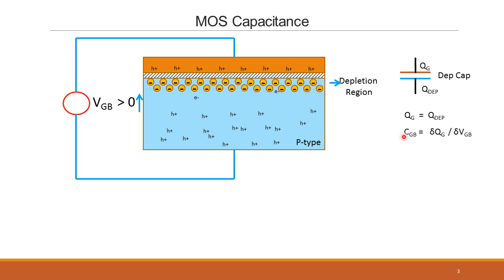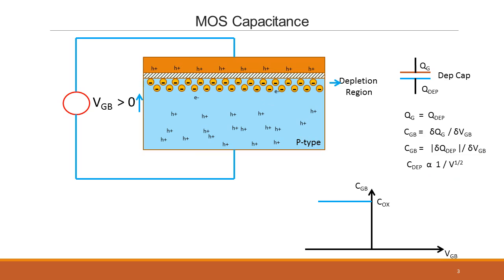Okay. And CGB, as we defined before, is nothing but dQG by dVGB, the variation of Qg versus the variation of VGB, and that happens to be the variation of Q depletion by the variation of VGB. There's a negative sign, but that will get taken care of in the derivative. Okay. And we know that this is nothing but the depletion region capacitance, which is proportional to 1 by square root of the voltage applied across the junction, or in this case across the oxide.